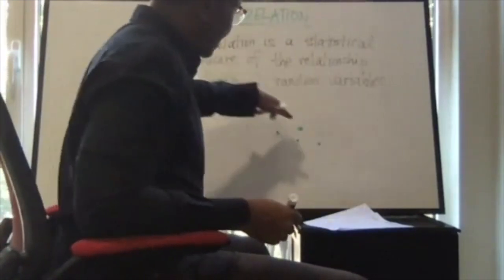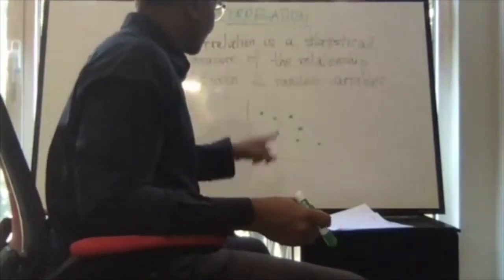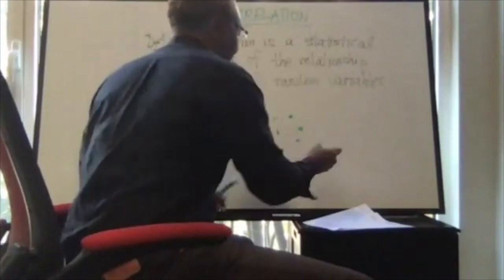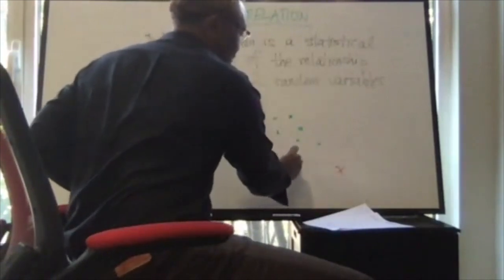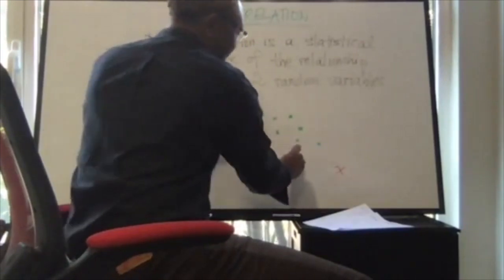You see how it's kind of going downward. So think of a situation in real life where as X increases, see how I'm going more and more in this way? What is Y doing? Y is decreasing. As X increases, you see how Y is decreasing in terms of the dots? See how they keep going down, down, down?